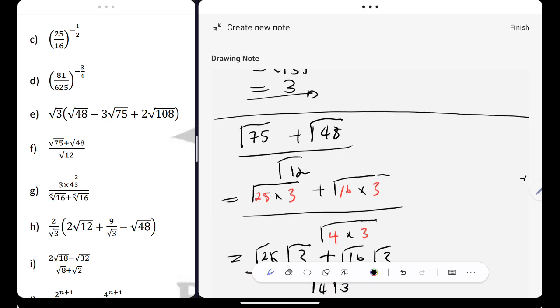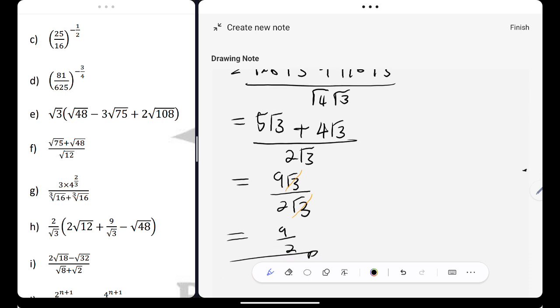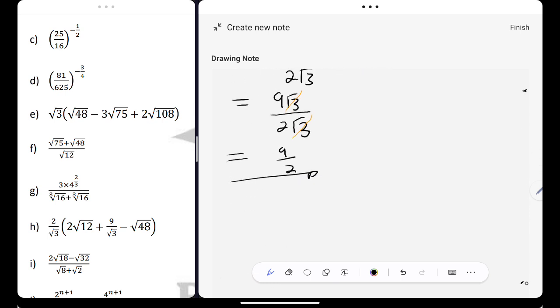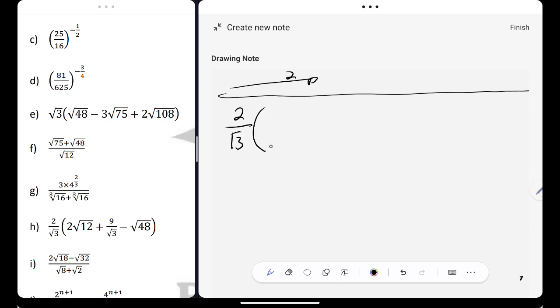Whenever you are given things like this, you'll be asked to simplify without using a calculator. All together. Okay, now let's have 2 over root 3 multiplied by (12 plus 9 over root 3) minus the square root of 48.